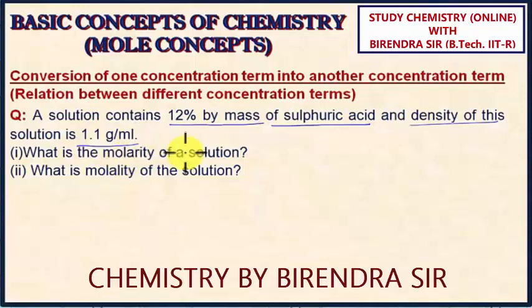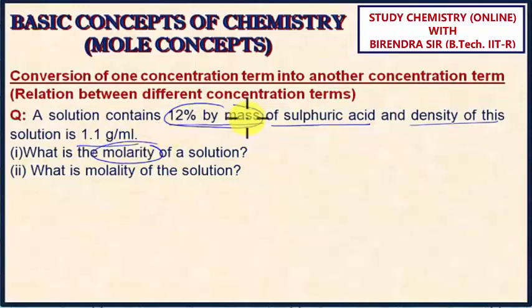First part, what is the molarity of the solution? Second part, what is the molality of the solution? Again, the percentage by mass is given, and molarity is asked, so it is a conversion type question. Percentage by mass is given, molality is asked. It's a conversion type question.